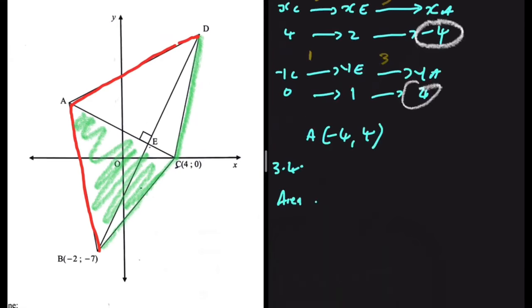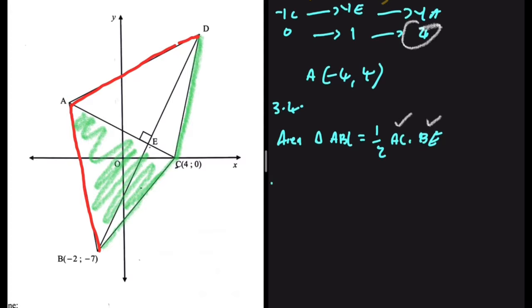The area of triangle ABC will be equals to half base. Our base is AC multiplied by our height, which is BE. We need to calculate the length of AC and the length of BE. What is the length of AC? AC will be equals to the square root of y2 minus y1 squared plus x2 minus x1 squared.